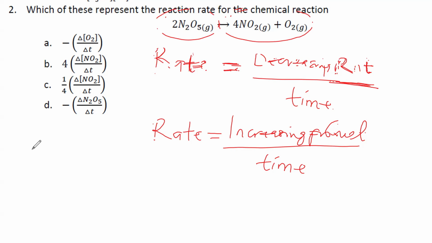So whenever you are using the reactants to measure the rate of the reaction, it is usually negative for the reactant because it is decreasing, while the product is increasing. That is why we usually use a positive value. So now let's look at the general equation on how to write the rate of the reaction.